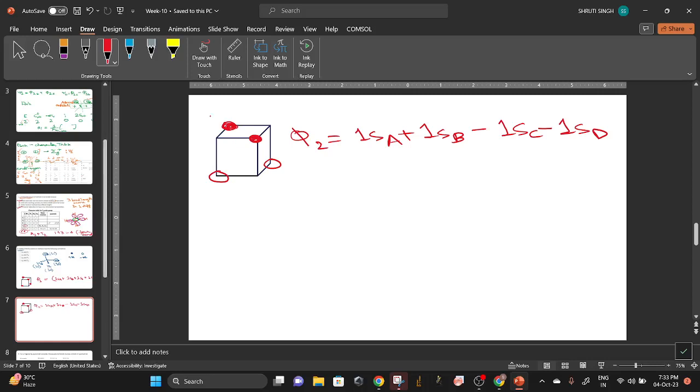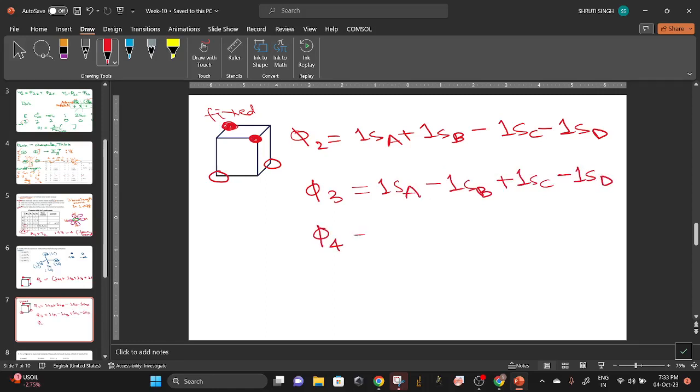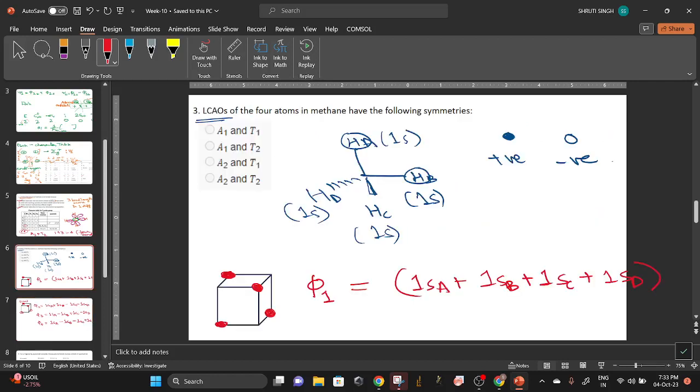We will keep this one fixed and change these three. So again psi3 will be, with this fixed, 1sa minus 1sb plus 1sc minus 1sd, and there will be one more combination, 1sa minus 1sb minus 1sc plus 1sd. Now when we use the character table, we can see that this is totally symmetric.